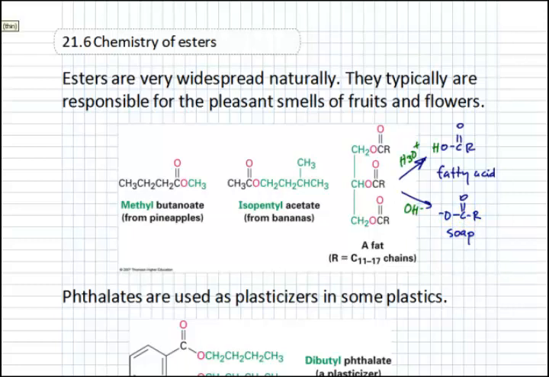As we'll see in our lab project that we've been doing, if we mix this with methanol and some sort of acid catalyst, we get CH3O, a different ester, C double bond O, R, which we use for biodiesel.